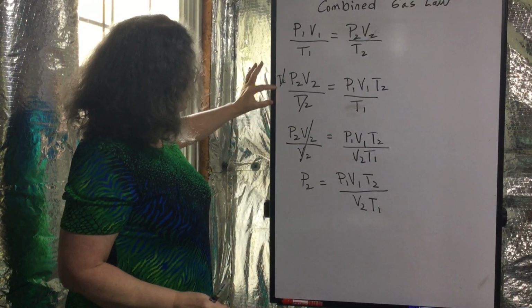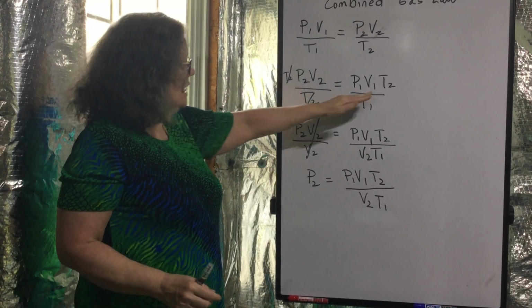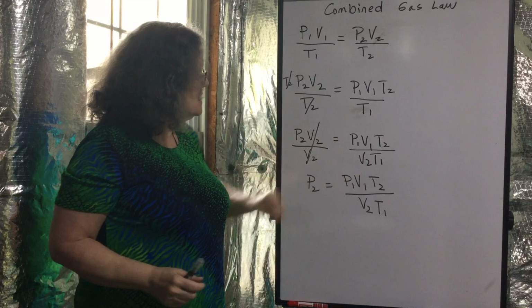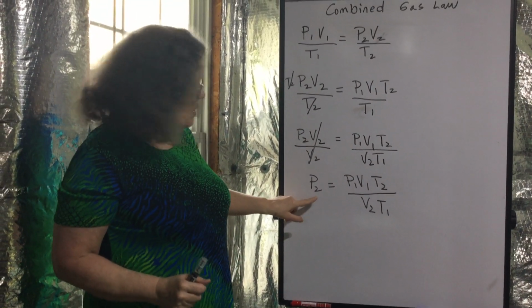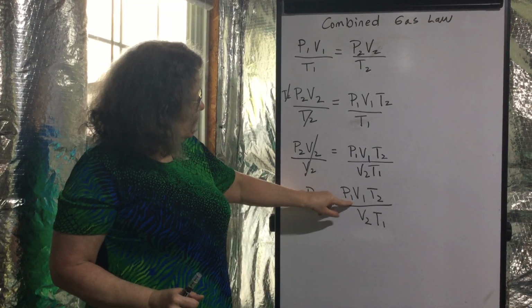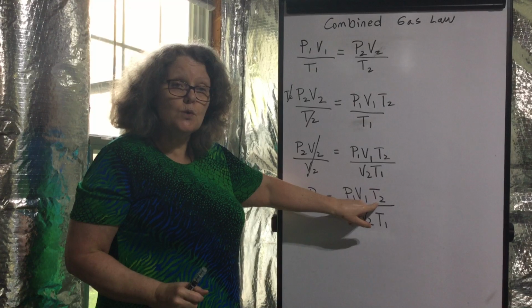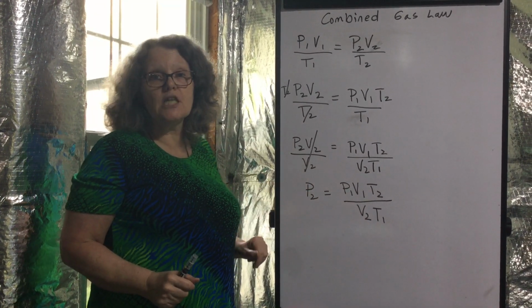First I multiplied both sides by T2. Then I divided both sides by V2. This is all just algebra. P2 equals P1, the initial pressure, times the initial volume, times the new temperature, divided by the new volume times the initial temperature.